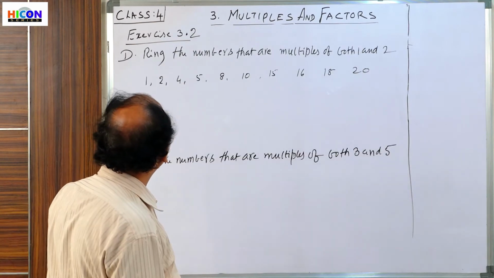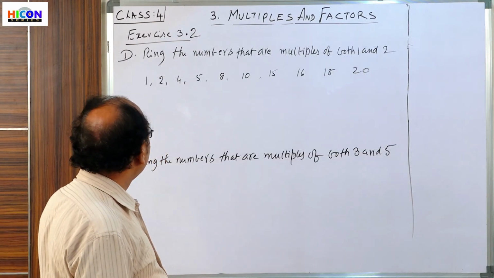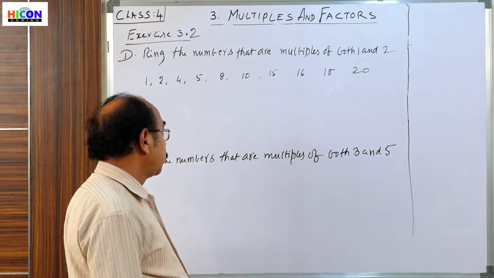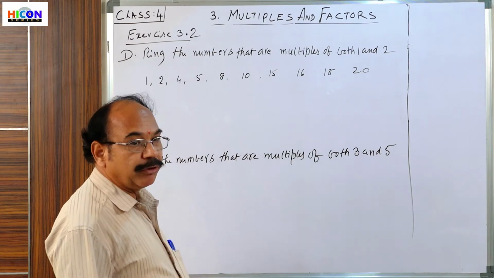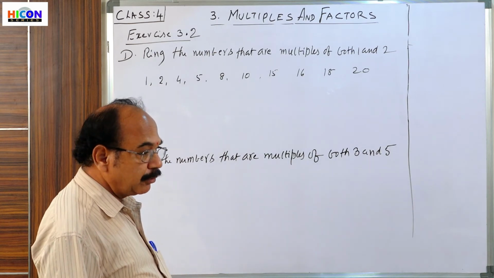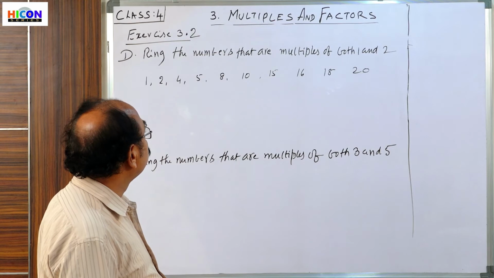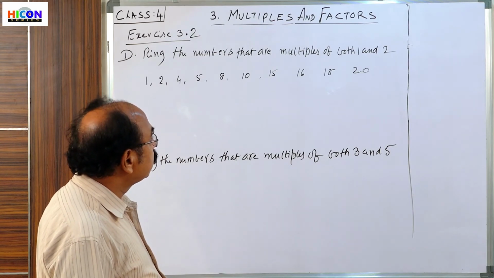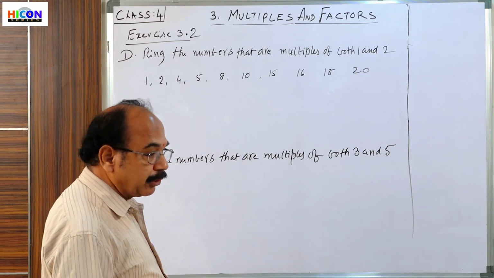Children, say. Ring the numbers that are multiples of both 1 and 2. Both 1 and 2. What are the numbers that are multiples of both 1 and 2?